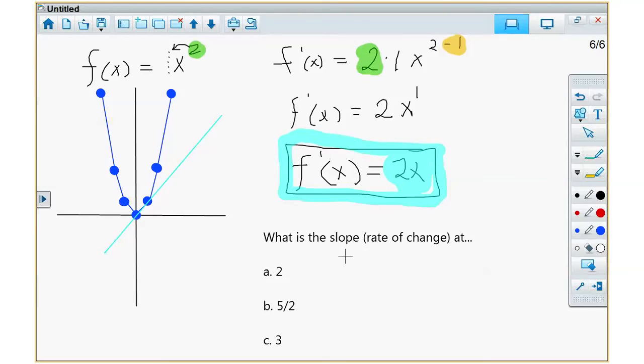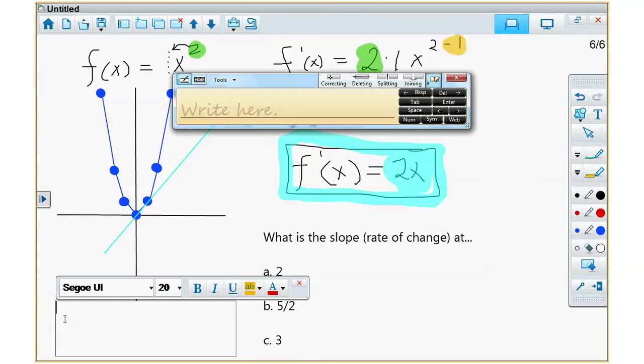Now, before you do this, let's go back here. Before you do this right here, stop. I want you to go over here and pick 2 points and find the rate of change. Of course, the rate of change is called what? Slope.